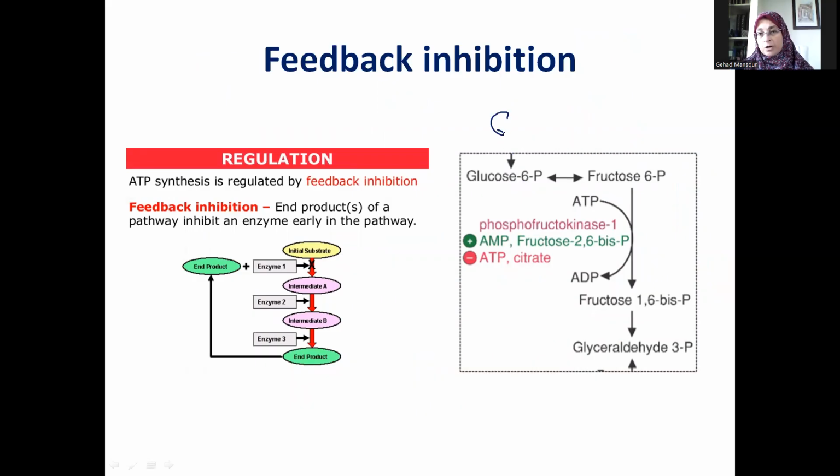We start in glycolysis, of course, by glucose, and then we utilize one ATP molecule here to phosphorylate glucose into glucose 6-phosphate, and then we have here an isomerase enzyme, and that isomerase enzyme will convert glucose 6-phosphate into its isomer, which is fructose 6-phosphate.